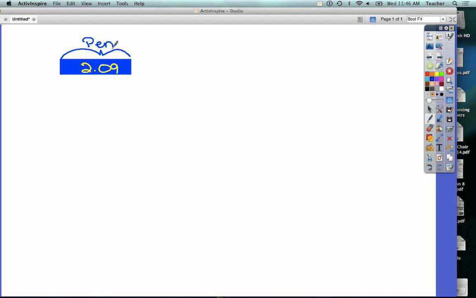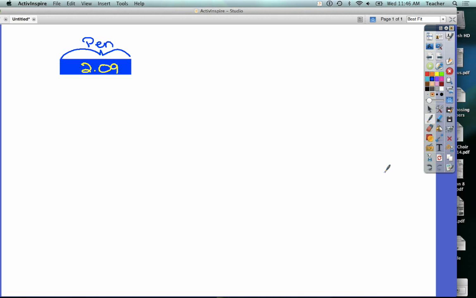But it says that the pen costs 45 cents less than the marker. So is the marker at least $2.09? Is it at least that much?